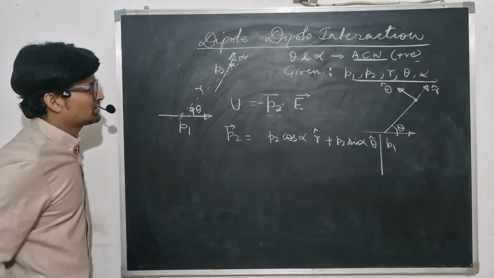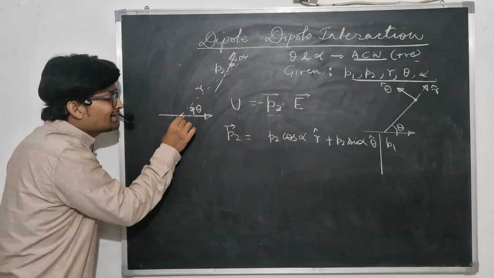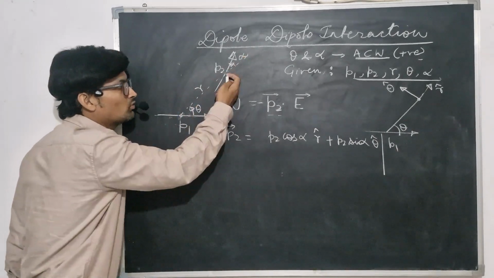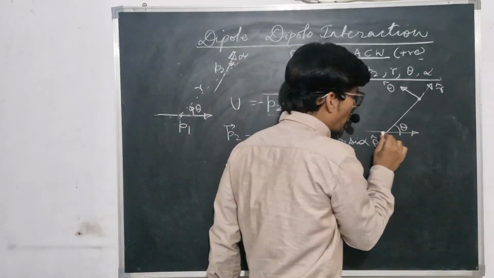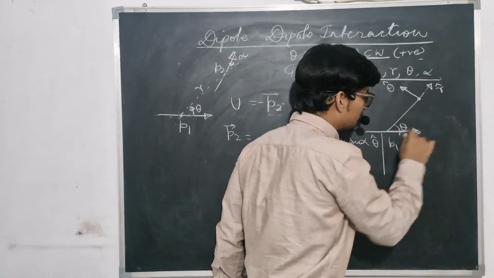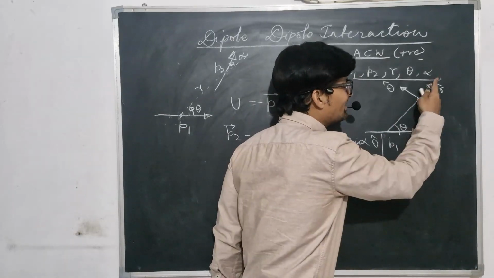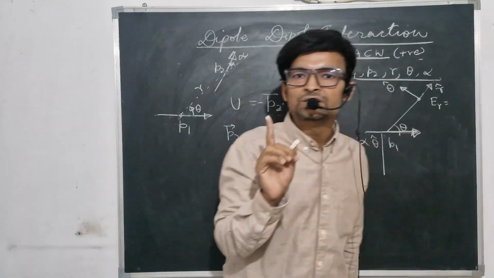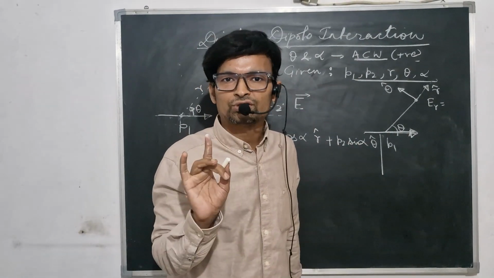So we have this P2 vector, and then the electric field. The electric field due to this dipole, in this direction you have to write, and perpendicular to this. Everyone knows the electric field of this dipole in the radial direction. So E_r, everyone knows that, 2kp cos theta by r cube.